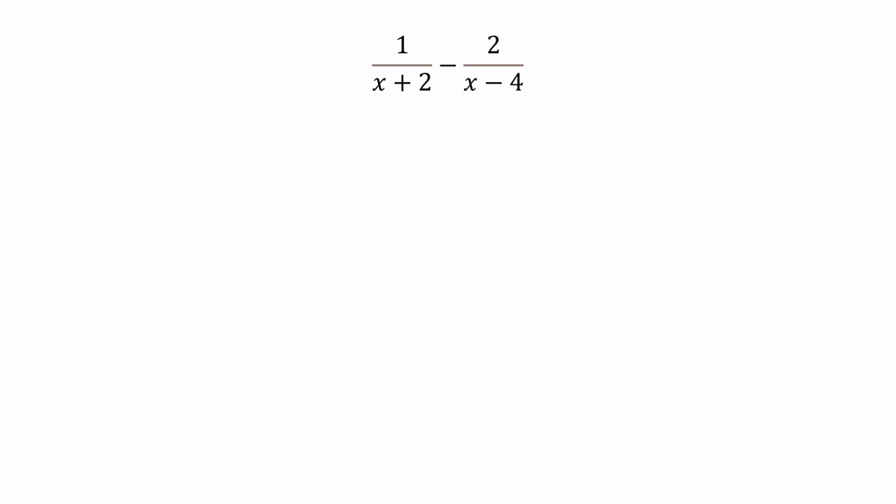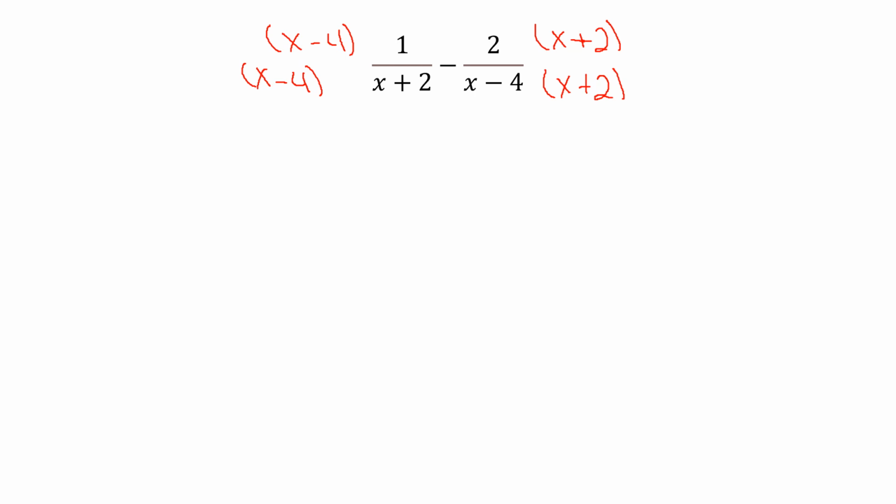So the first thing we have to do is find a common denominator. And to do that, we're going to multiply by the opposite denominator. Whatever you do to the bottom, do the same thing to the top. Okay?